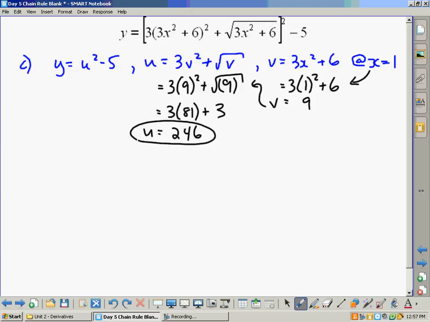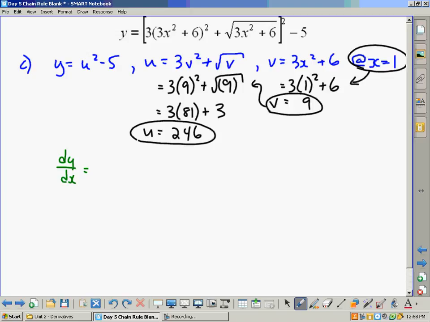And so now I've got information. I know that u is equal to 246, v is equal to 9, and all of this is because we're doing x equals 1. If I change the question and x equals 2, then of course v and u would in turn change. Okay, so we're asked to use the chain rule. So ultimately what we want to do is differentiate dy by dx. But in this case, we have 3 steps, intermediate ones.